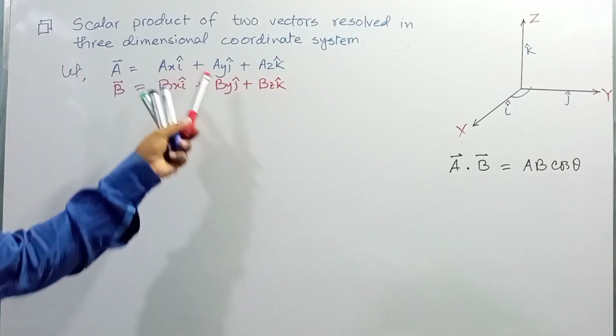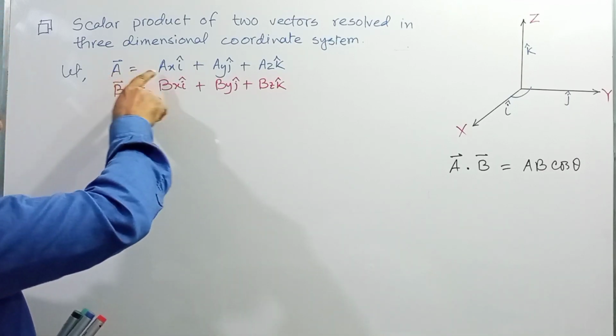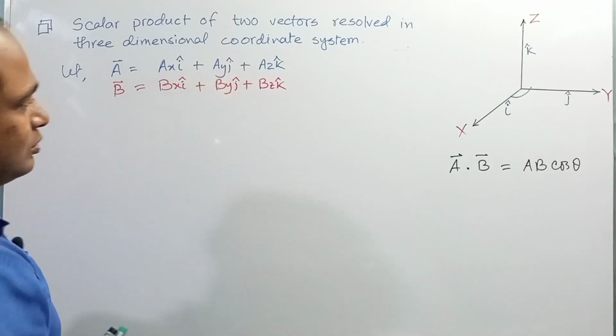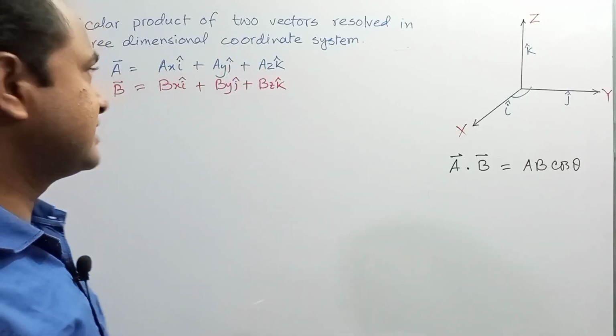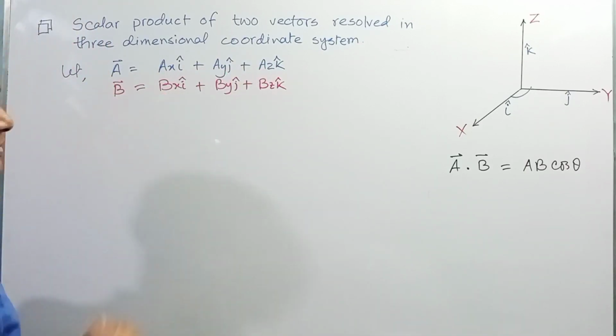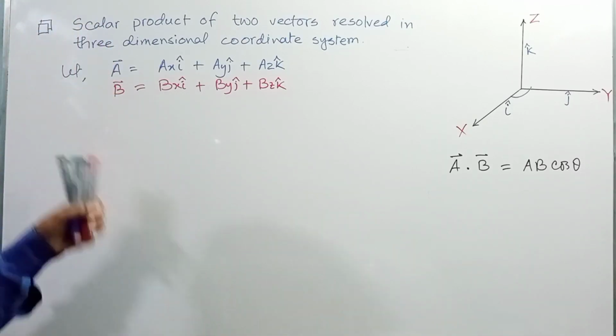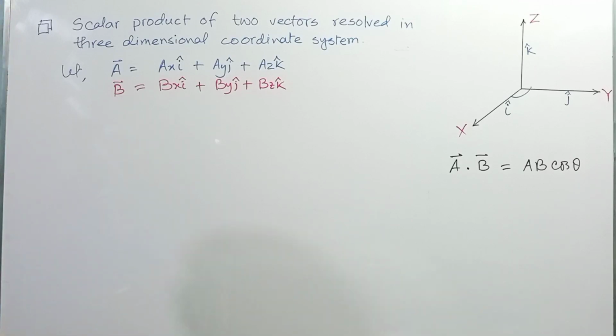Vector A has three components: this component along x axis, this along y axis, and this along z axis. Similarly, B has three components, bx i, by j and bz k. Now we are going to get the result of the dot product of these two vectors.